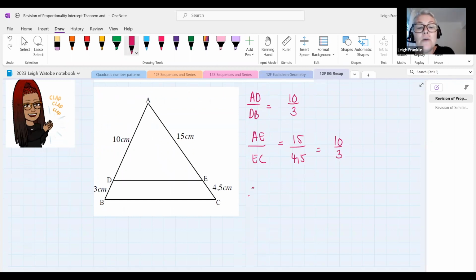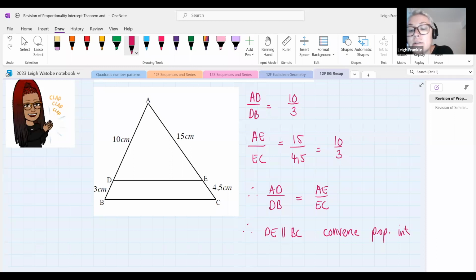Therefore, they must be equal to one another. So what this means is that AD over DB is indeed equal to AE over EC. Therefore, DE is parallel to BC, and our reason: converse proportionality intercept theorem.